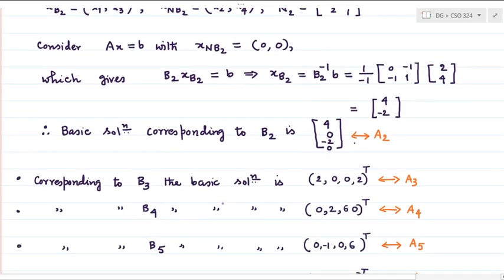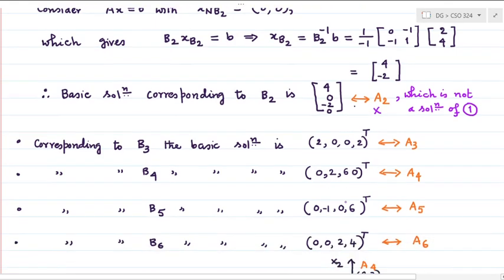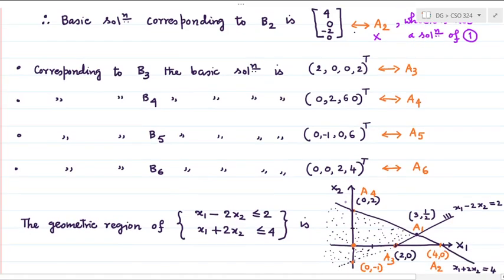For instance, this solution has to be discarded. This is not a basic solution of system 1, because x3 is less than 0, right? And therefore a2 has to be discarded. Is there any other point which has to be discarded?